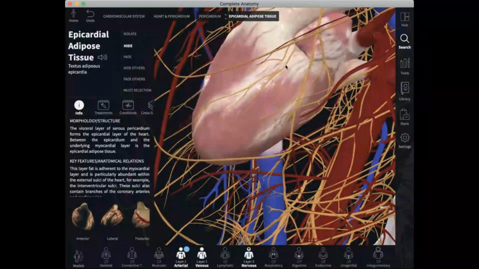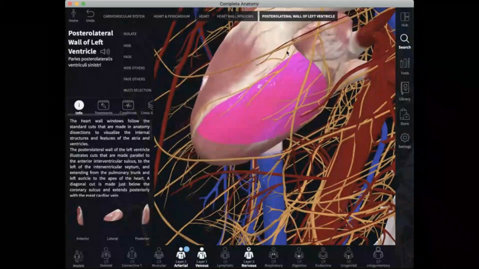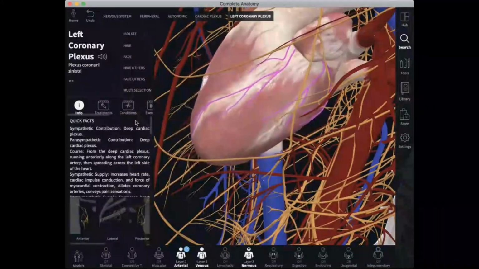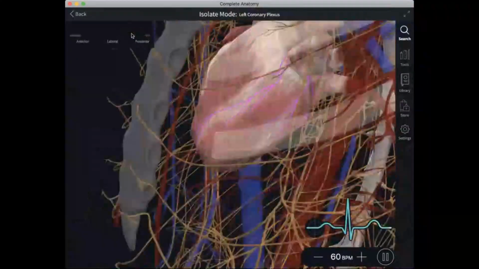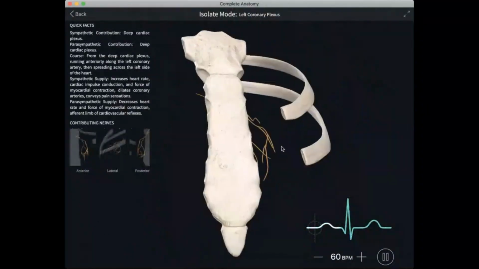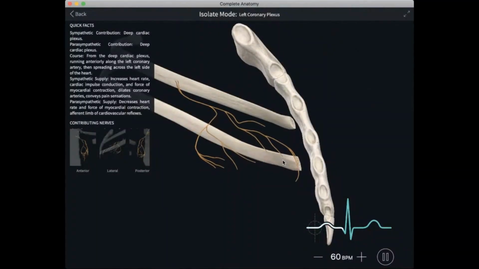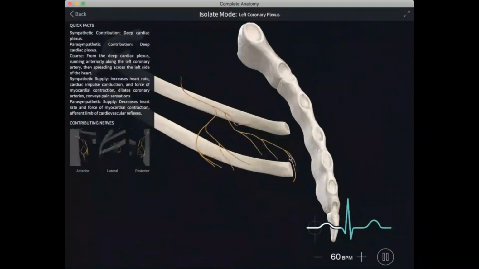Here you can see these are the cardiac plexus, the coronary plexus, which is a branch from the vagus nerve. You can see these branches are controlling the speed of the heart. Generally, when this nerve stimulates, it will reduce the heartbeat.